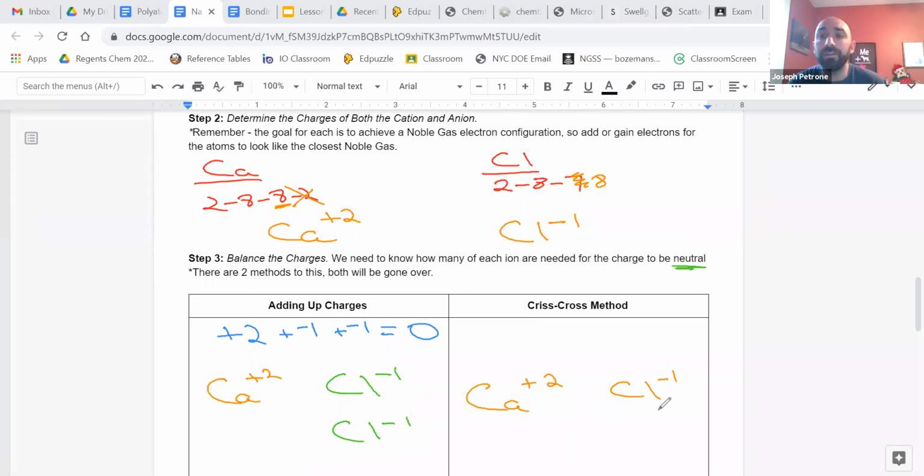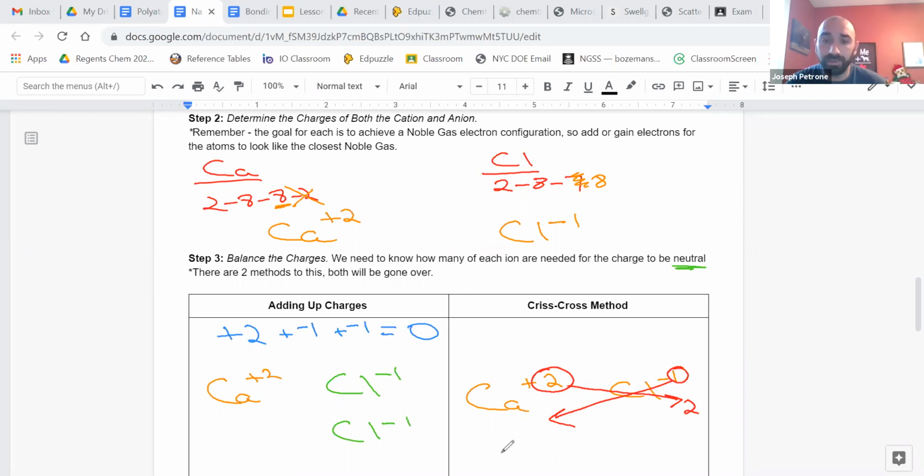A subscript just tells us how many of each atom are in this formula. So I take the +2, I'm going to circle just the 2, and drag it down to here. And then same thing with the chloride. Chloride is -1. I'm going to circle just the 1 and bring it down to here.